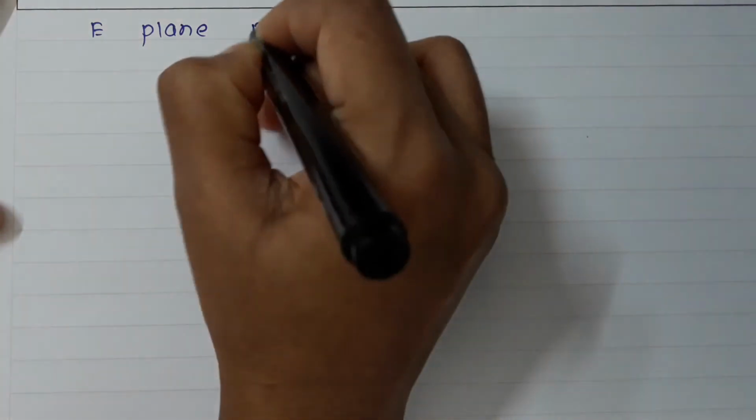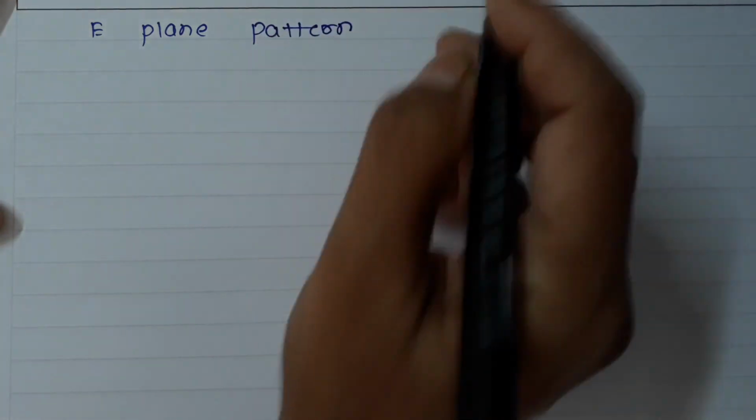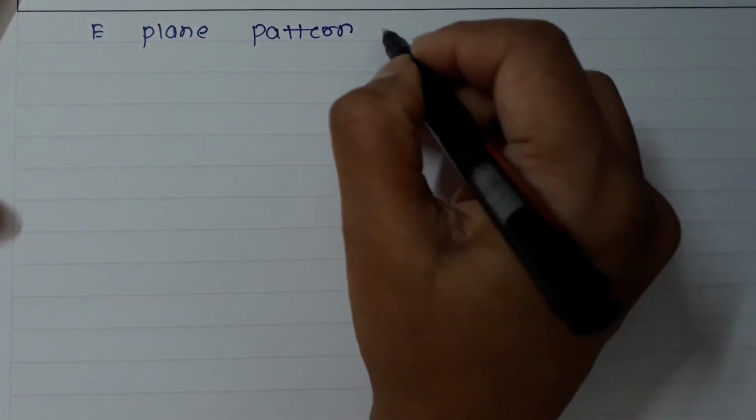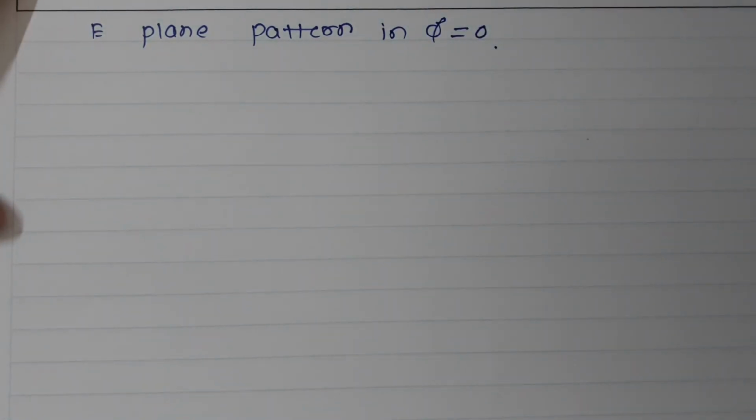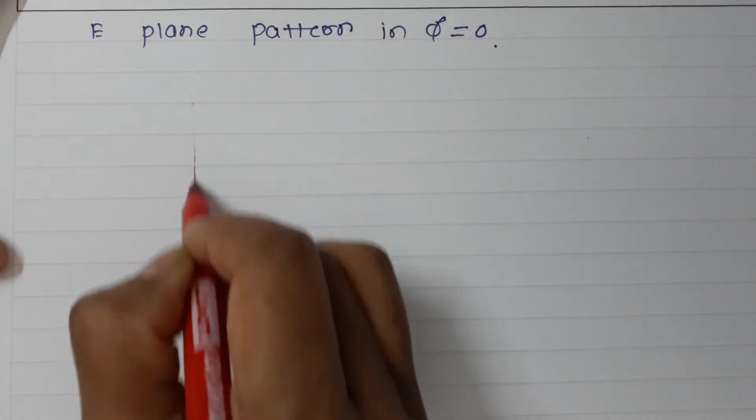So the E plane pattern in phi equal to 0, how can we get this? For the E plane pattern, where phi is equal to 0, your radiation pattern will look like this.